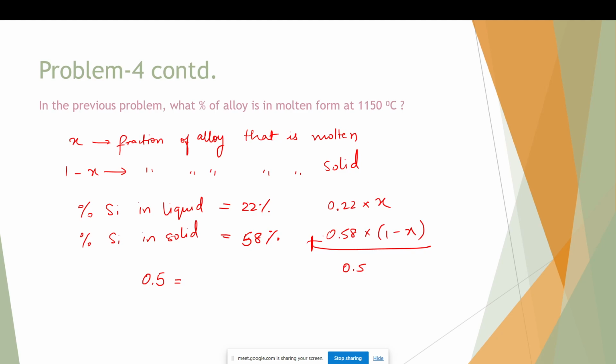So I'll write it properly. The equation that we get from this is 0.5, the total silicon fraction, should be equal to the fraction in the molten state plus the fraction in the solid state.